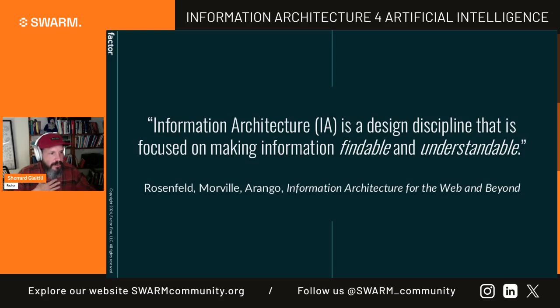But the problem is that most stakeholders, when you're communicating the value of information architecture, focusing on findability and understandability of information is probably not going to get the results that you want. It's probably going to bury the value of the work that you are doing.